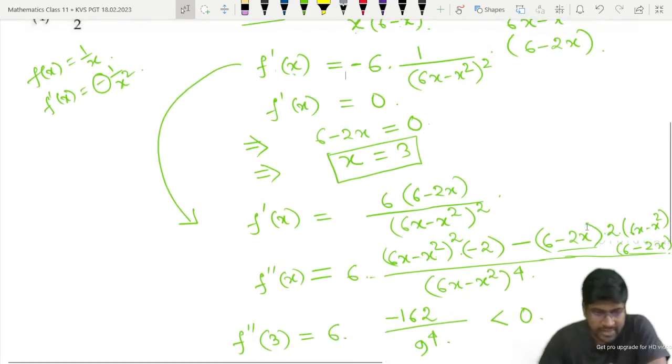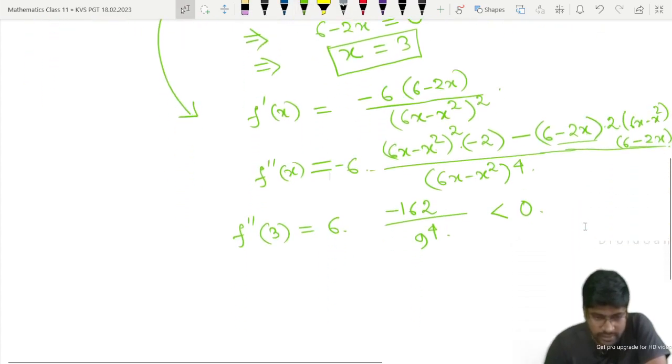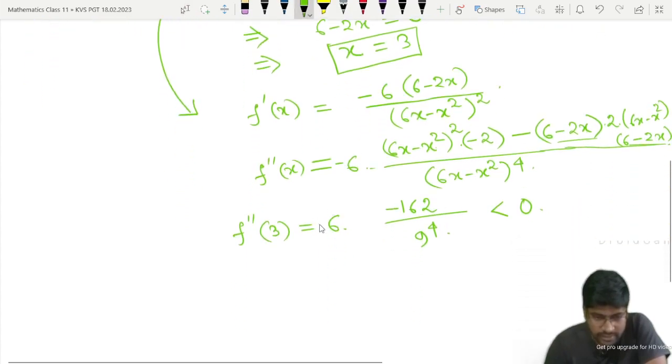So f dash x will become 1 minus will come. So let me take this minus here. So minus 6 into this, and this will become positive.